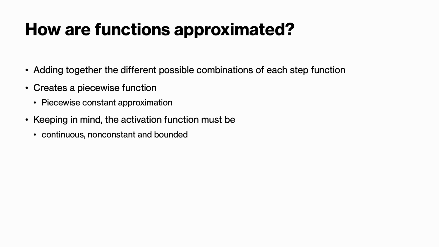Functions are approximated through adding the different possible combinations of each step function. And that creates a piecewise function of constants. And again, that's an approximation. And we have to keep in mind that the activation function must be, again, continuous, non-constant, and bounded.